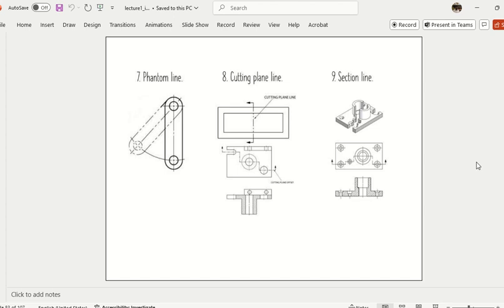So if I make this bottle, okay, if I make the cutting line here, then I am looking from this side at which location? This location. Okay. If I make the cutting line here, I am looking from this side, which location? This location.